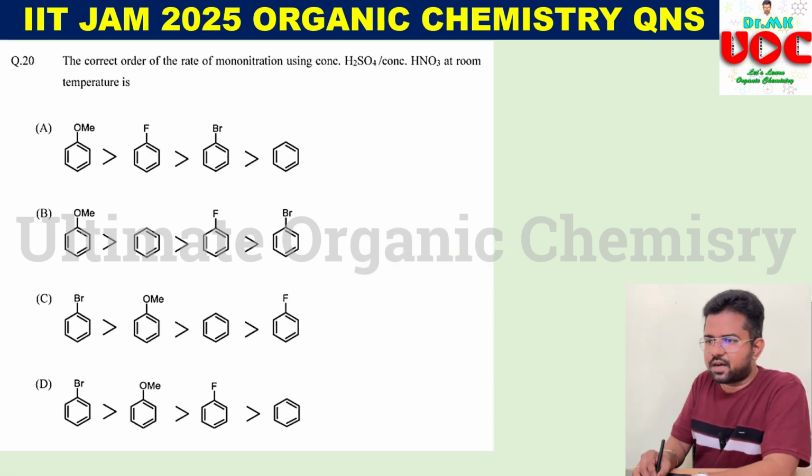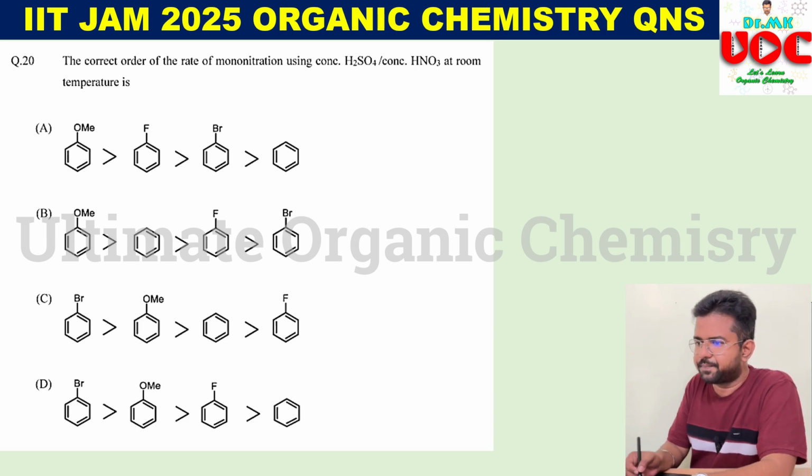Next question, the correct order of the rate of mononitration using concentrated nitric acid and concentrated sulfuric acid at room temperature is. Yeah, this is a simple aromatic electrophilic substitution reactivity order.